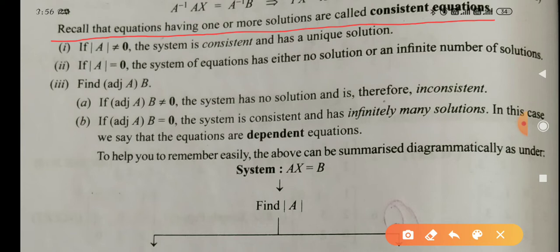In class 9 also it was told to you, if two equations are given, and I will talk about three equations later, they may have a unique solution, infinitely many solutions, or no solution. If there is a unique solution or infinitely many solutions, then you can say the given system of linear equations is consistent.